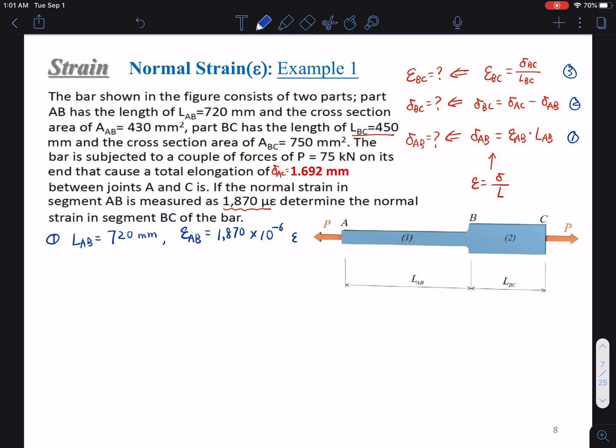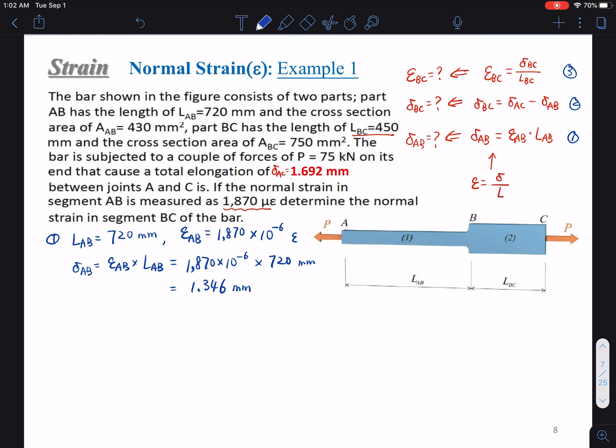Then delta AB equals epsilon AB times LAB. So that is 1870 microstrain times 720 millimeter. So this will be 1.346 millimeter.